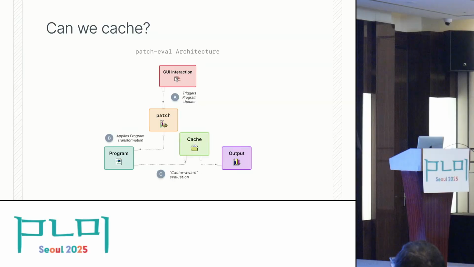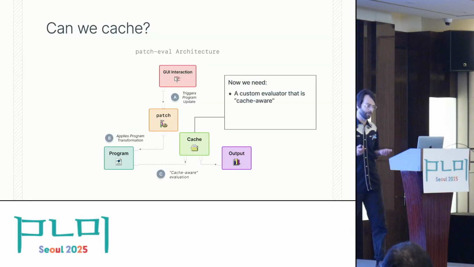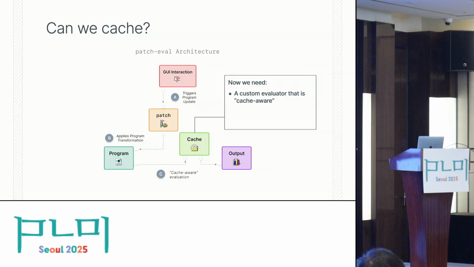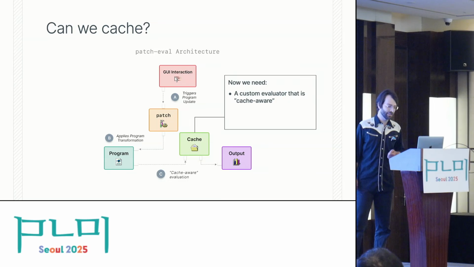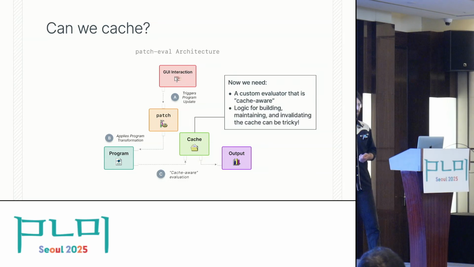We would need some sort of cache-aware custom evaluator that could analyze the expression in the program under evaluation and determine that some prior results from the cache could be reused for a given subcomputation. And then we need some logic in our application for building, maintaining, and invalidating that cache based on the interactions that the user is taking in the GUI. That is notoriously difficult to get right. Again, it's not impossible to get these things right. It's just very, very hard.